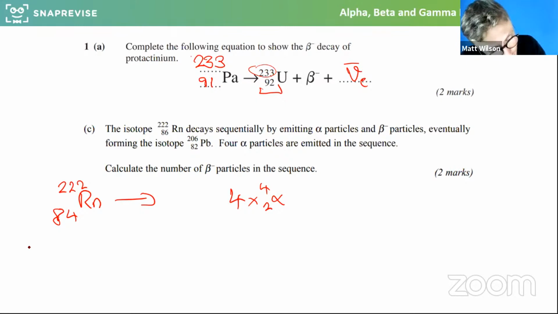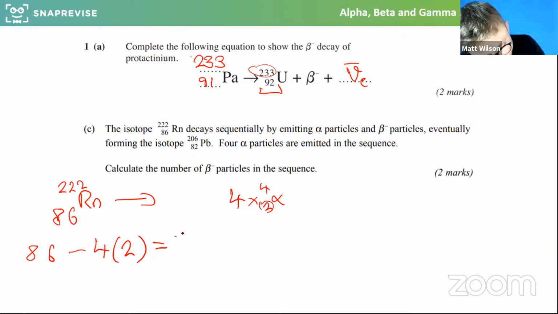Well, each alpha decay takes away 2 protons. So altogether, in 4 alpha decays, we'll lose 4 lots of 2 protons. In other words, we'll lose 8 protons. So we started with 86 here, and that will take us to 78 protons.